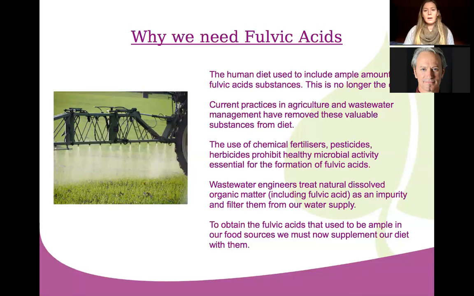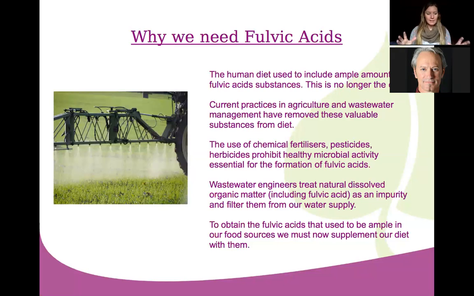Unfortunately, current practices in agriculture and wastewater have removed fulvic acids from the diet. The use of chemical fertilizers, pesticides and herbicides prohibit the healthy microbial activity that is essential for the formation of fulvic acids.